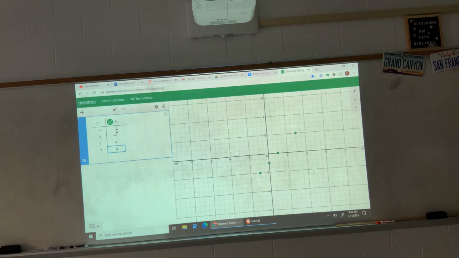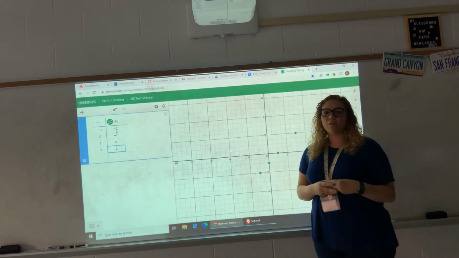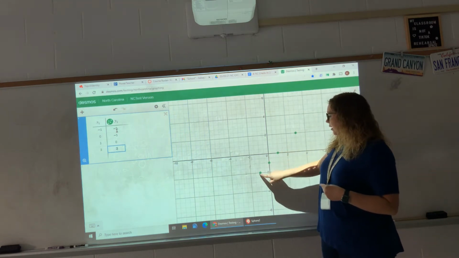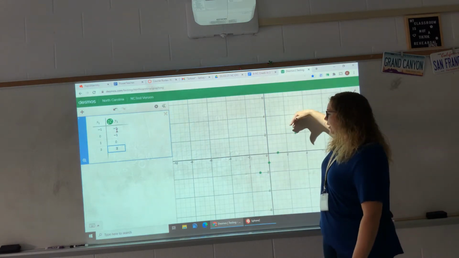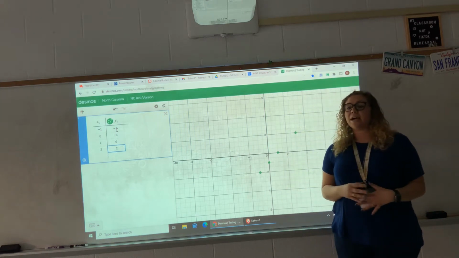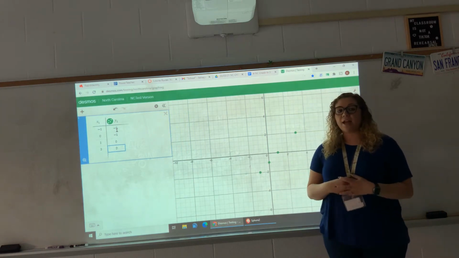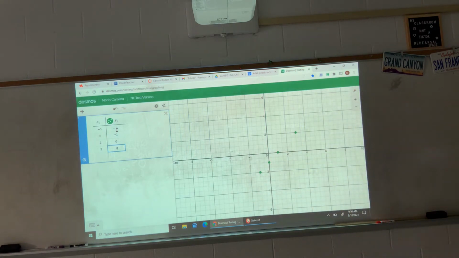So if I give you a set of points and ask you what kind of model best represents this data, you can see how it is a straight line. Since it's a straight line, it's going to be a linear function. Some questions might give you a list of points, and you're going to have to graph them to be able to see what kind of shape they give you.